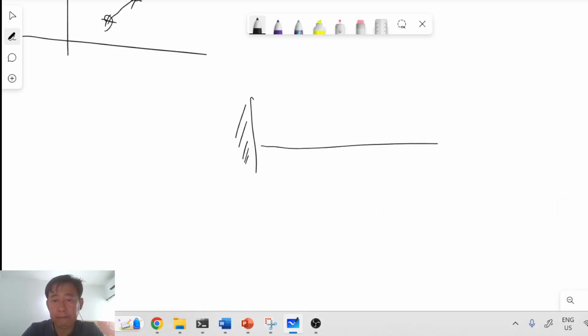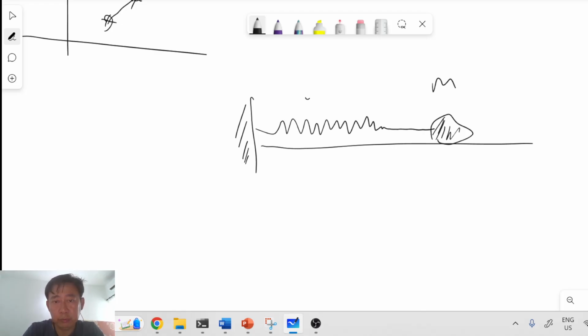Imagine that you have a simple harmonic oscillator, a mass m linked to a spring which has a constant k. Initially the spring is relaxed and the particle is located at its equilibrium position somewhere here.